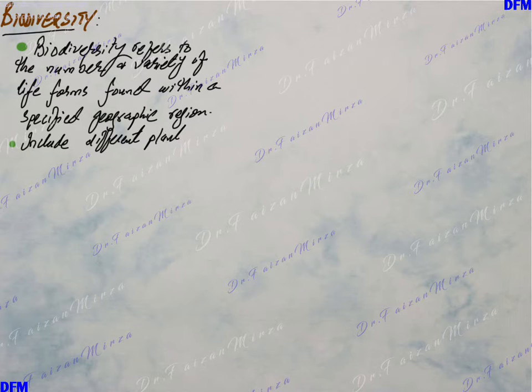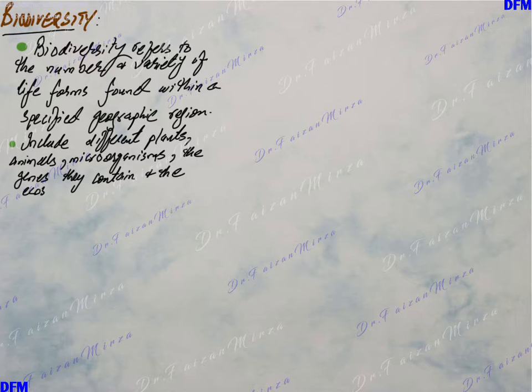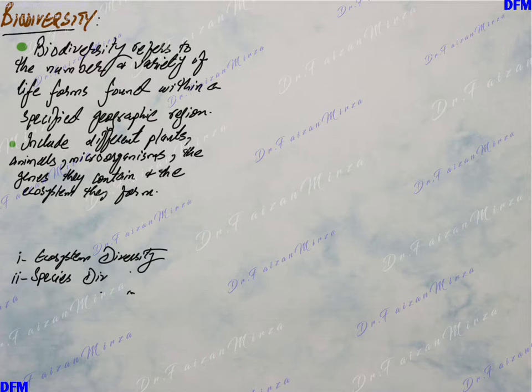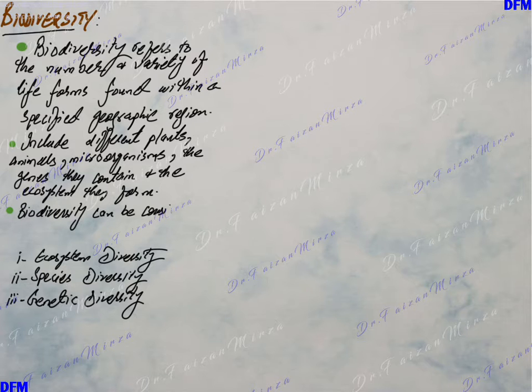This would include all the different plants as well as animals. This would include microorganisms. It would include all the genes that they contain as well as the ecosystems that they form. As I discussed previously, biodiversity is considered at three different levels: ecosystem diversity, species diversity, and genetic diversity. These are the three levels at which biodiversity can be considered.